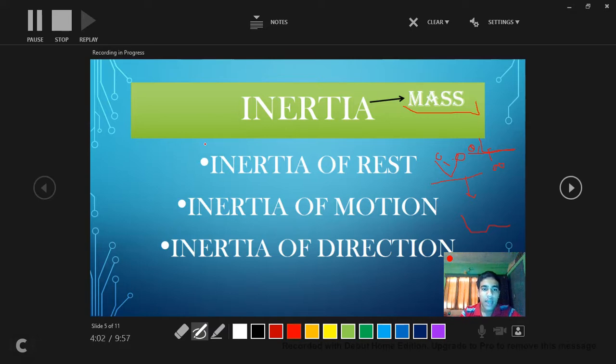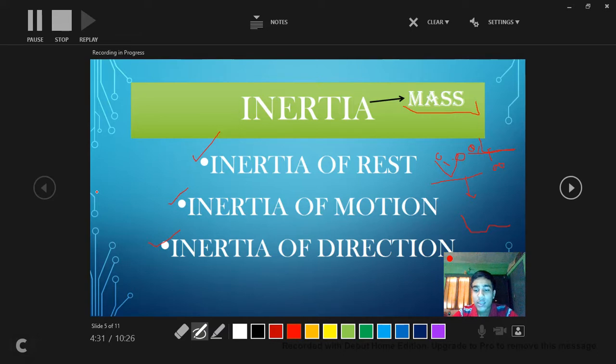Now there are three types of inertia: inertia of rest, inertia of motion, inertia of direction. I will explain these three with the help of the example of a car. When you suddenly start a car, the car is at rest, and you suddenly accelerate, you press the accelerator, and what will happen?